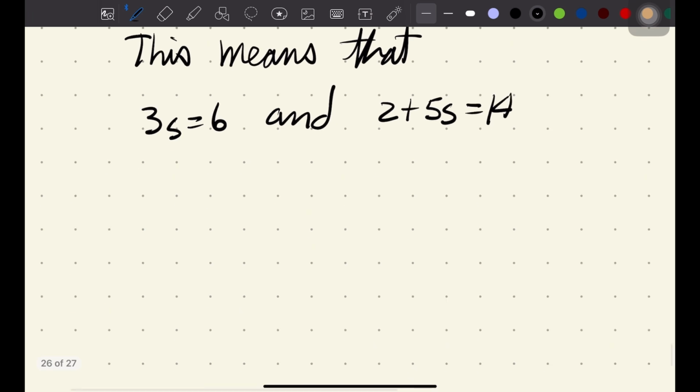So from 3s, we solve for this and we get s equals 2.